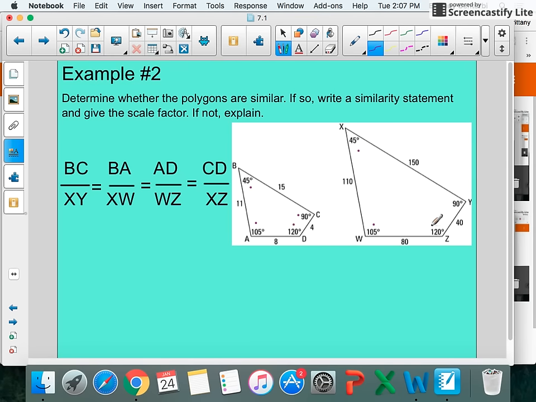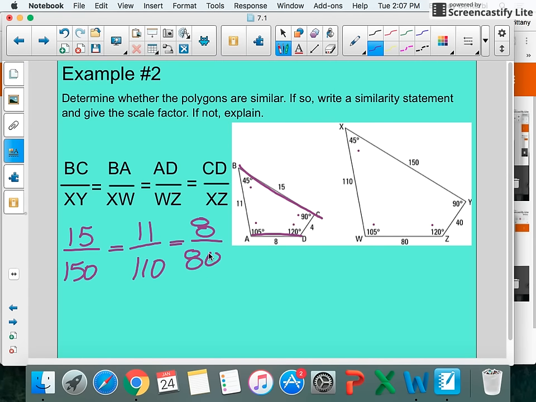So we've got BC, so I'm going to put in my number. I'm going to put 15, is to XY, so over 150. See if that's equal to BA over XW, AD over WZ, and then CD over YZ.